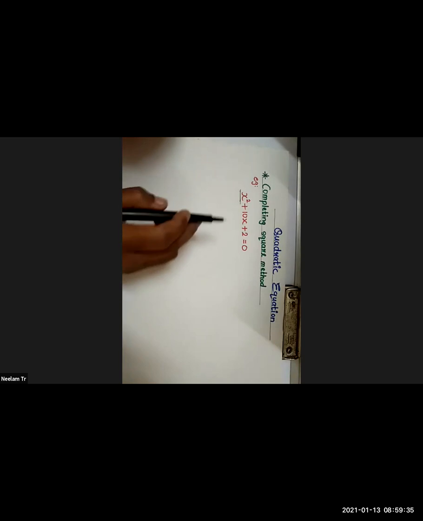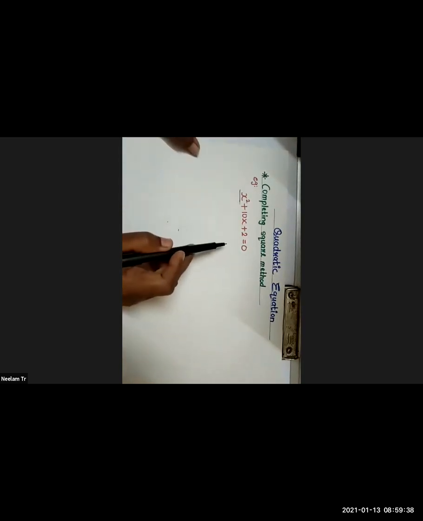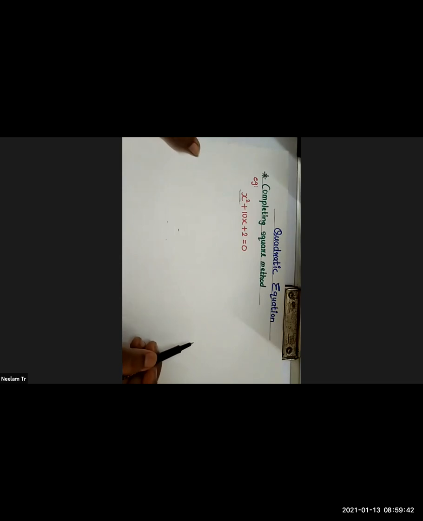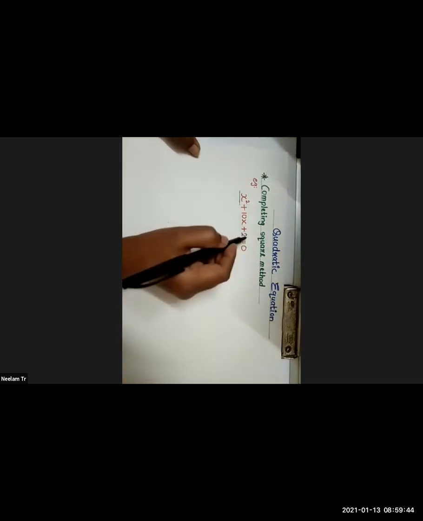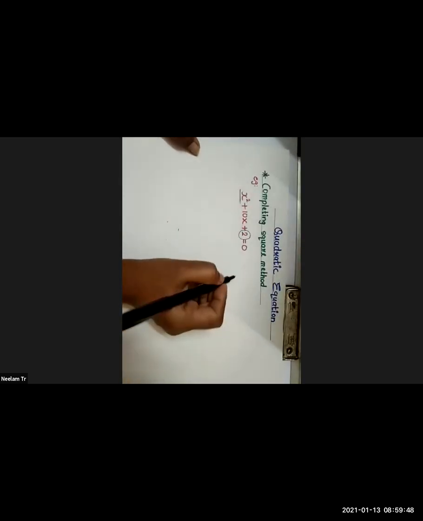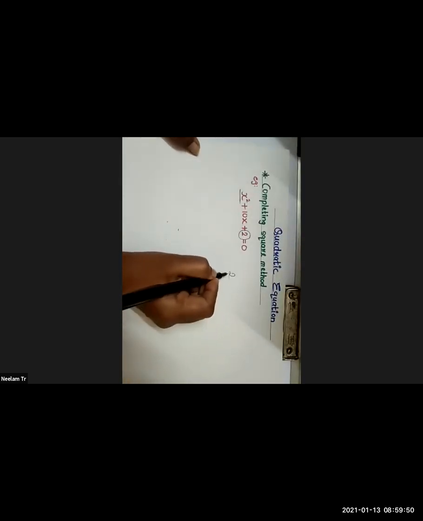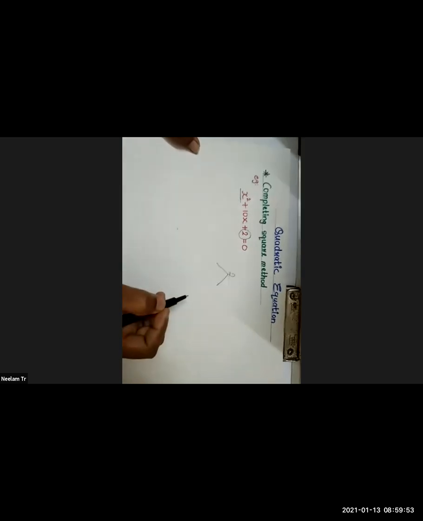So this is our example: x square plus 10x plus 2 is equal to 0. What I told you, in the factorization method you have to make factors of this 2. What are the factors of 2? 2 ones are 2, 1 twos are 2.